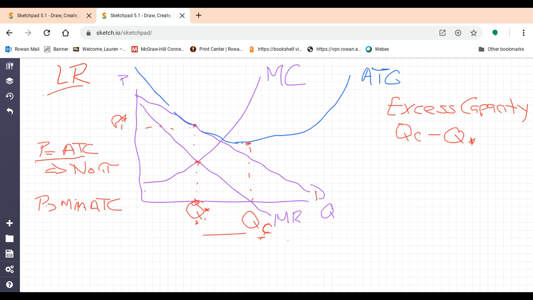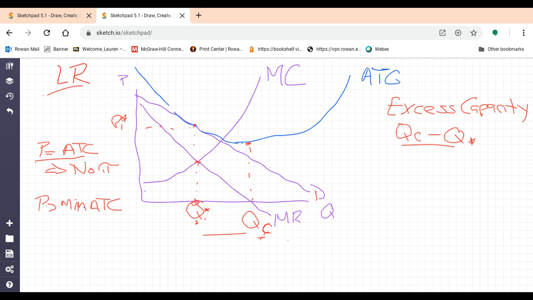So we do lose some efficiency and we have this excess capacity in monopolistic competition, but what we also get is this product differentiation. And a lot of times we think that it's worth this little efficiency loss to get products that we like and that we want to wear, compared to just the same thing everyone else is wearing, right?